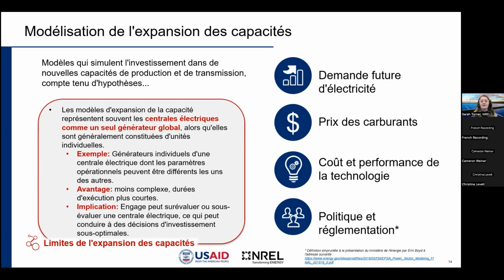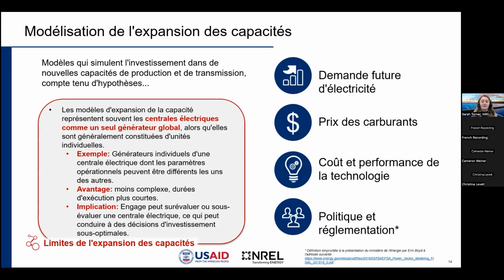Aggregating individual generators into one power plant can address this, but it can also lead to the model potentially oversimplifying important operational parameters, such as the flexibility of the plant that operators have, such as being able to run one or more generators that, let's say, have different fuel efficiencies.